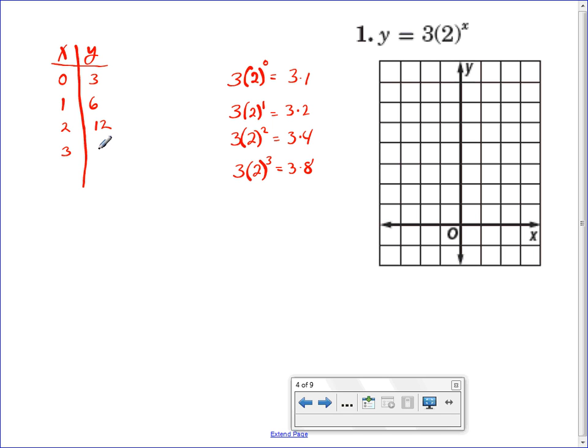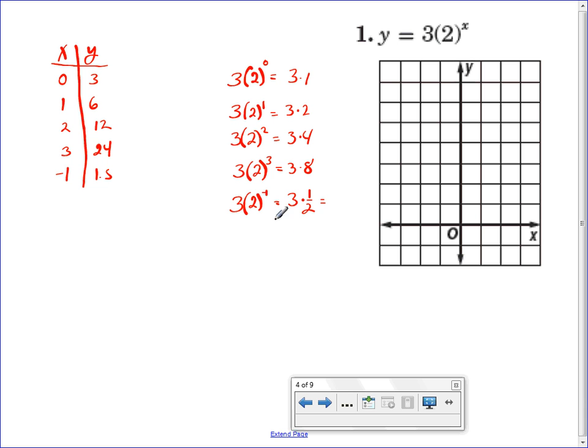And you can see how quickly this is growing. Now, some other things you can do is put a negative 1 in there for that power. That's 3 times 2 to the negative first power. 2 to the negative first power is 1/2, so that's 3 times 1/2, or 1.5. So if I put a negative 1 in there, I get 1.5.